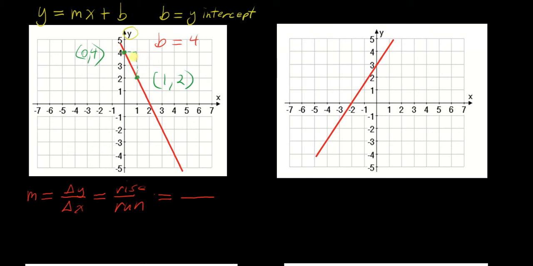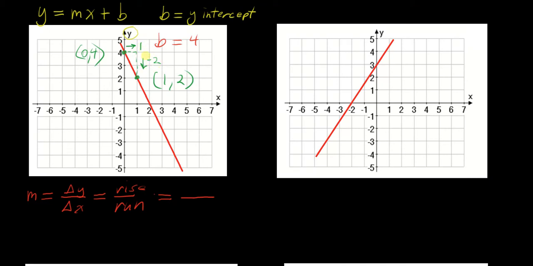What's the change in x? Well, the change in x was 1. X went 1 in the positive direction. But then when x moved in the positive direction, what did y do? It went 2 in the negative direction. So it basically lost 2 when x gained 1.